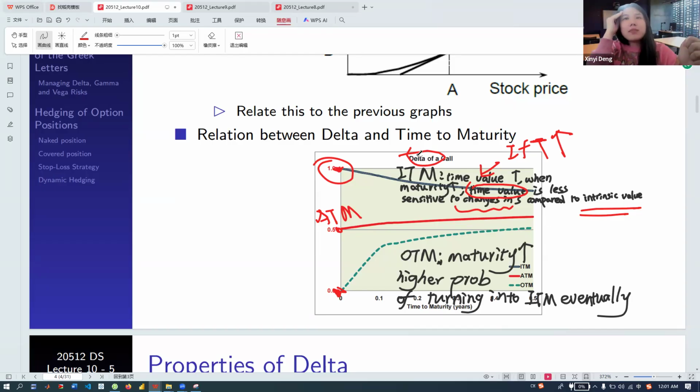For out of the money options, when maturity increases, since you have more time to fluctuate, that more time gives you a higher probability of eventually turning into in the money options. Therefore you have increased delta, since delta is effectively just the probability of turning into ITM.